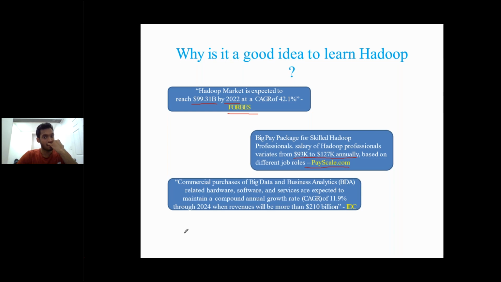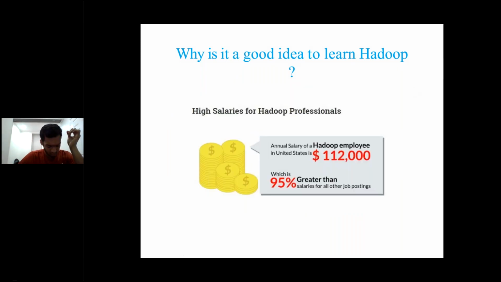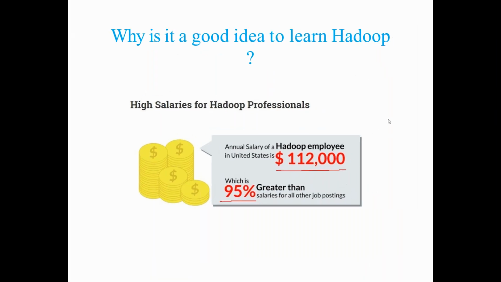Even IDC claims that by 2024 we could see the big data market crossing $210 billion. These are some of the staggering numbers because of which we can clearly say that the salaries of Hadoop professionals would be at least around $112,000, which is 95% greater than the salaries of all the other job postings.